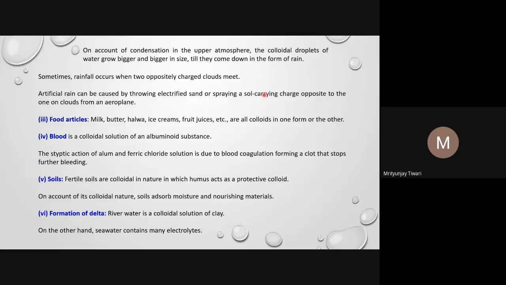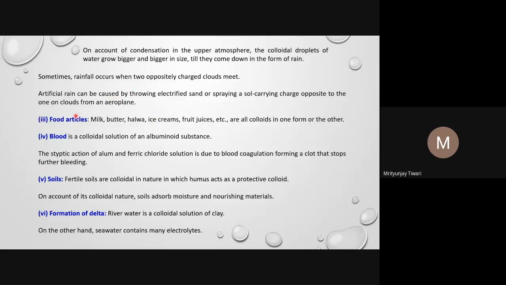If you know the charge on the clouds, and a cloud in a particular region contains positively charged colloidal particles, then the salt we spray through the aeroplane should contain negatively charged particles, and that will cause artificial rain. If the cloud contains negatively charged particles, then we add salt containing positively charged particles, and artificial rain can occur.